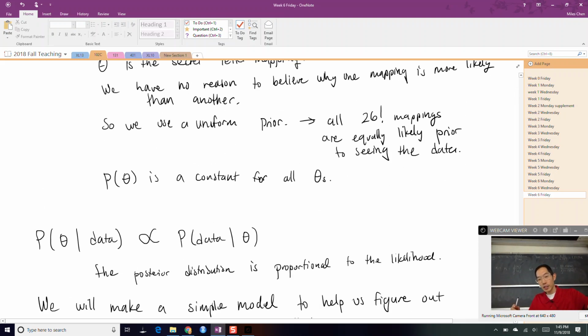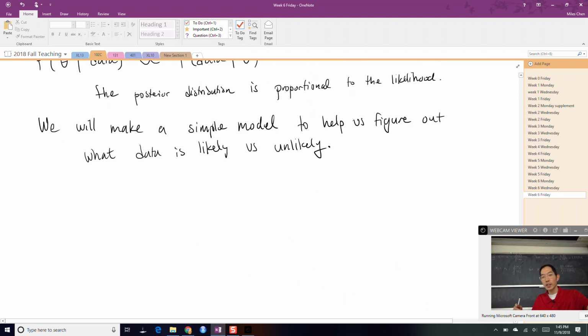And if we have a lexicon or some kind of table of words that says the most common word in the English language is, I don't know, one of those words, right? Then we'll assign that word the highest probability.